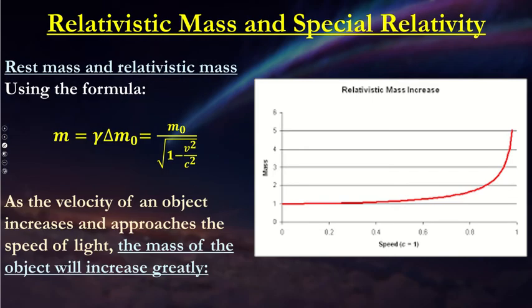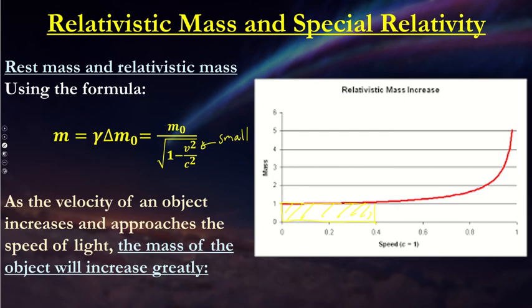Now, let's actually look at this in terms of a graph. We know the overall rest mass is the baseline at a very small value for v. So if v is very small, there's not really much change. The mass increase is very subtle.